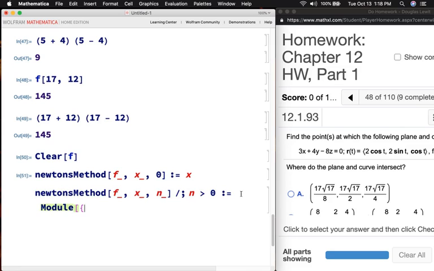The derivative, I'll call it deriv, is the derivative of f of x. I'm going to use y. I cannot use x. I'm using x already. So I'm going to use a different variable. I'm going to use y.